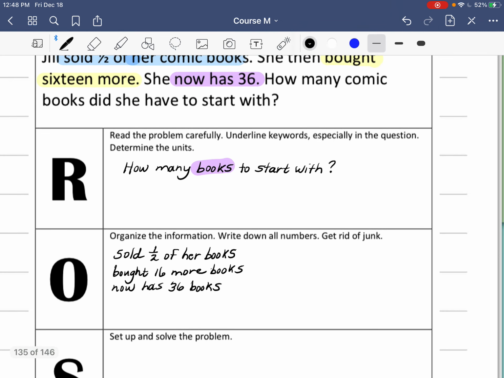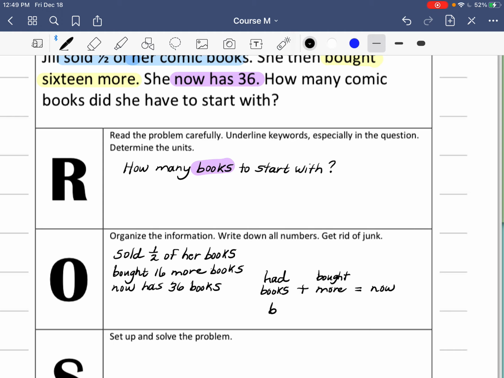So here's how I would set this up. This is my thinking. She had some books. She bought 16 more. And she has now a collection of books.